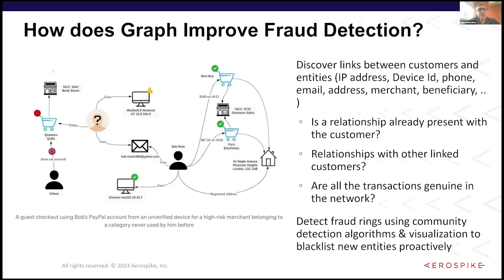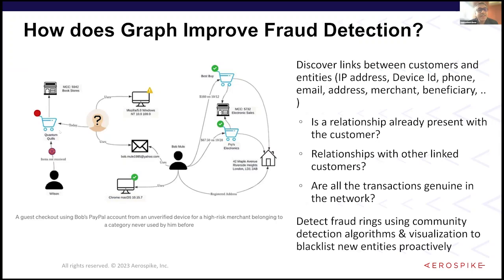All right. So let's take a particular example and focus a bit deeper into fraud detection, the modus operandi, if you will. In this particular case, this is a sample. What you're seeing over here is that one particular day, a guest checkout is happening on a customer, Bob Mule, his PayPal account.